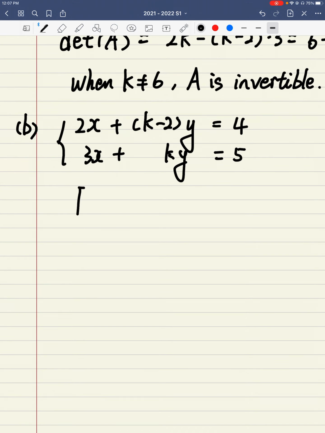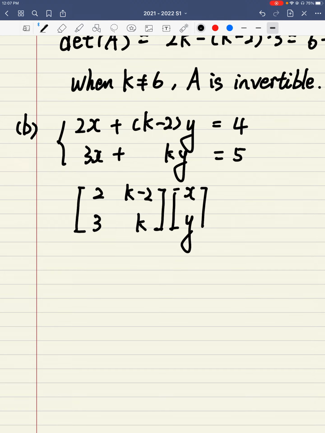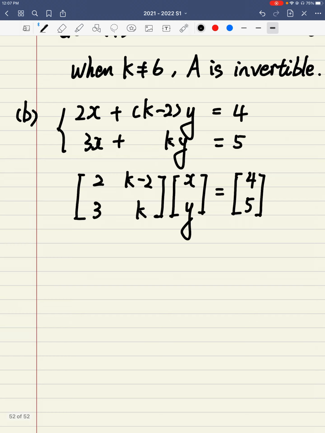First, you can put all the coefficients together, and then multiply x and y, which is equal to 4 and 5.